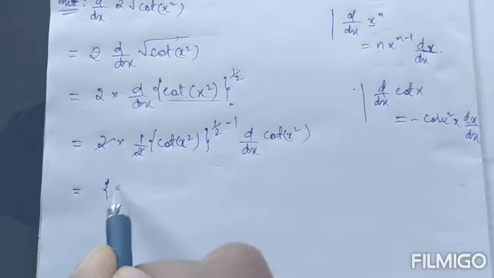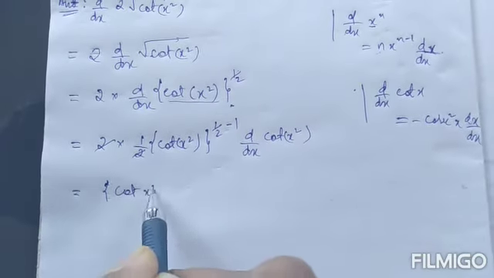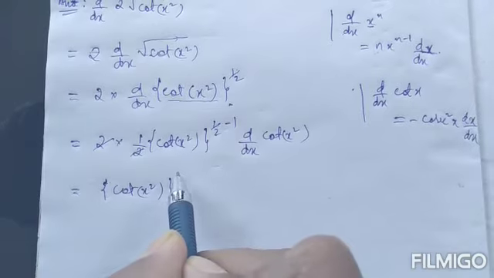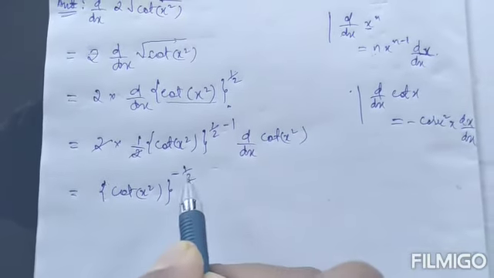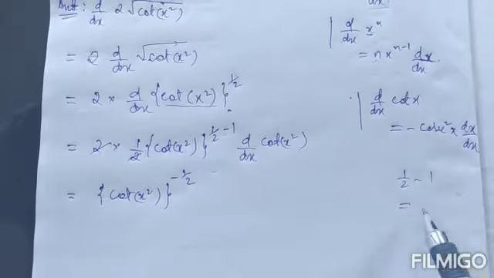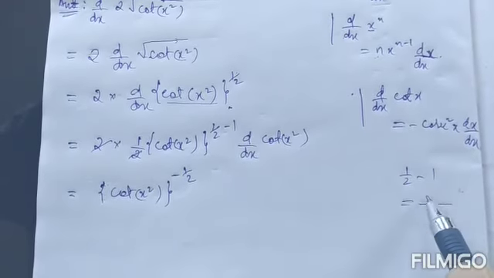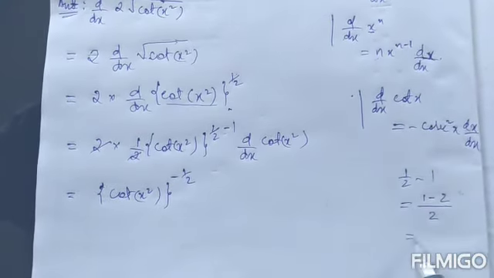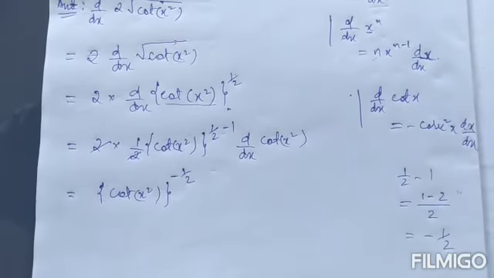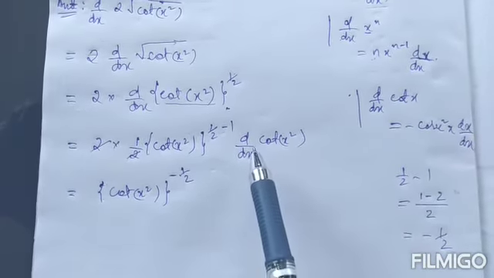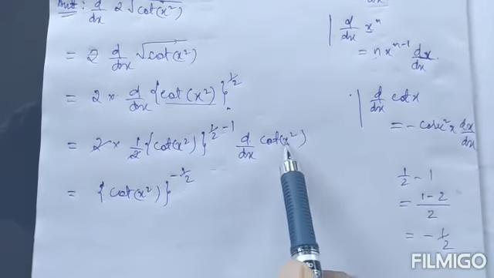I'll have cot of x square. 1 by 2 minus 1 will give you minus 1 by 2 by taking LCM. 1 by 2 minus 1, LCM is 2. Then you will have 1 minus 2, which is equal to minus 1 by 2, which I have written here. Then I have to differentiate d by dx of cot of x square.